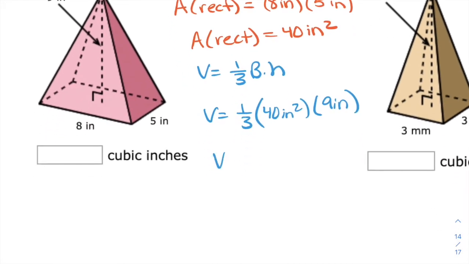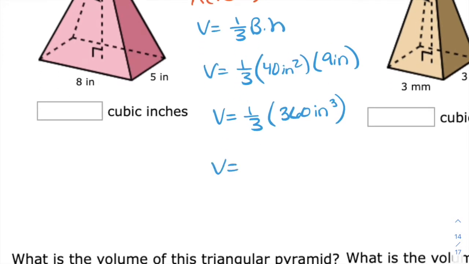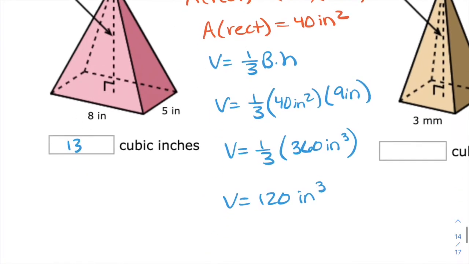So volume is going to be 1/3 of 360 inches cubed. So you just divide by 3 now, and you get 120 inches cubed. So it's exactly a third of what we would do if it was a prism. I wrote 130 again. 120 cubic inches.